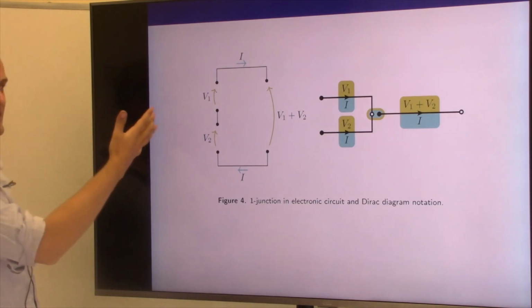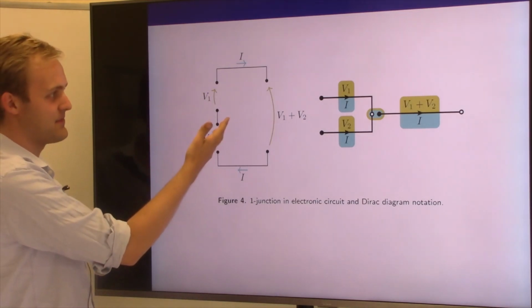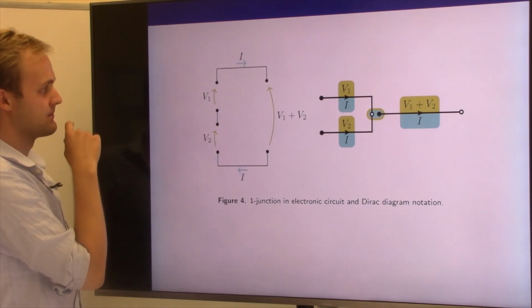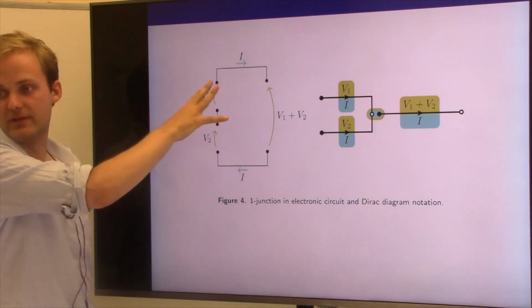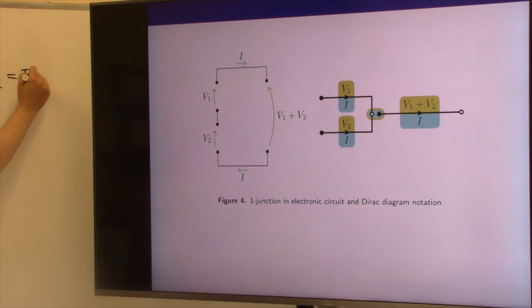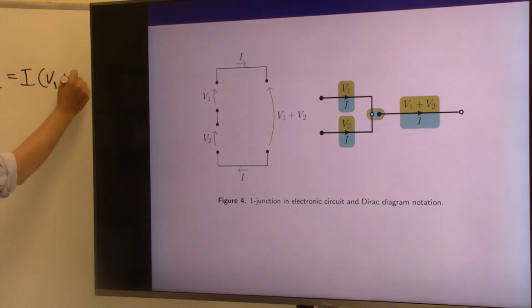And still here, we have the same thing where it ends up being a 3-dimensional relation. And why are these power conserving? Well, basically, I times V1 plus I times V2 equals I times V1 plus V2.